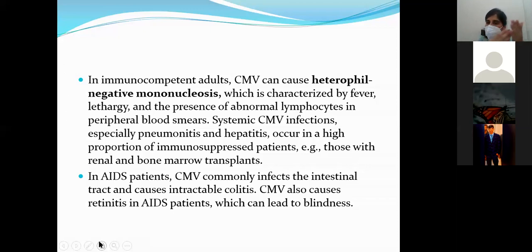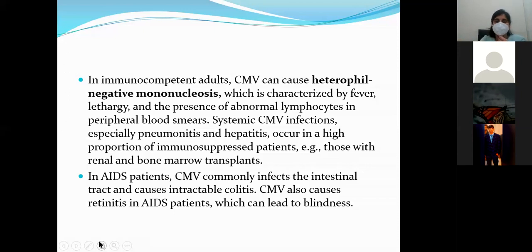Mostly patients will either be asymptomatic or present with very mild symptoms. But when there is immunosuppression, you will find pneumonitis or hepatitis in immunocompromised patients, mostly with renal or bone marrow transplant.